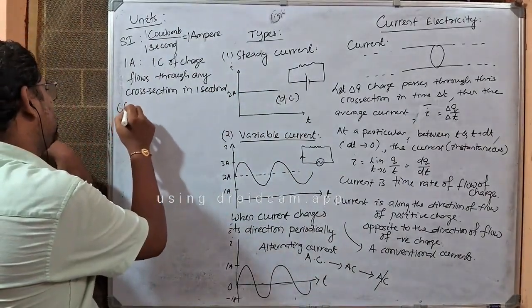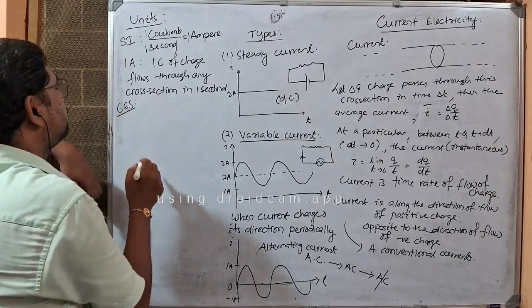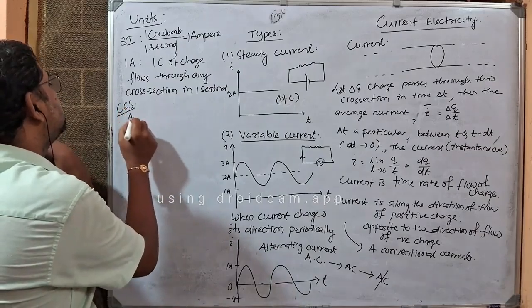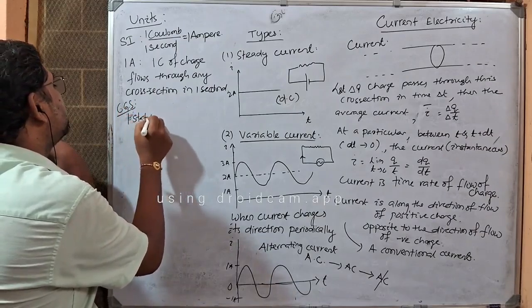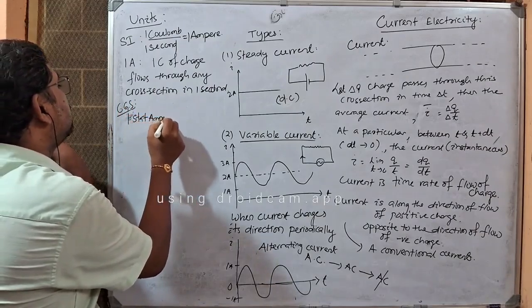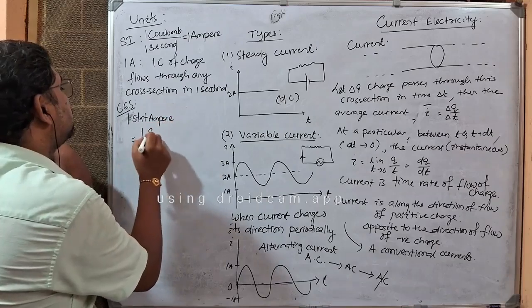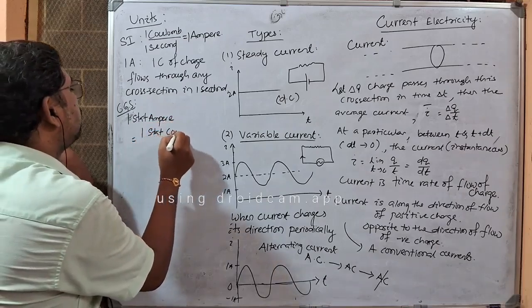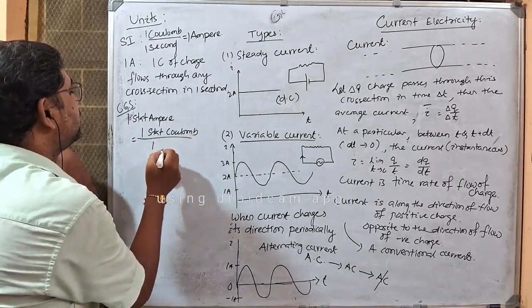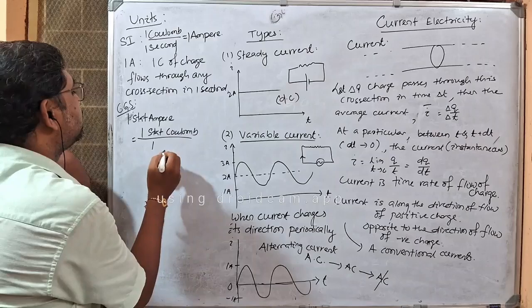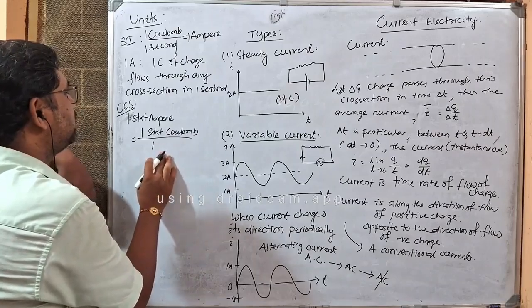Then the CGS unit is stat ampere, which is equal to 1 stat coulomb divided by 1 second. What is the CGS unit of second?